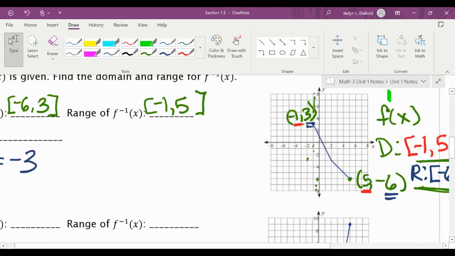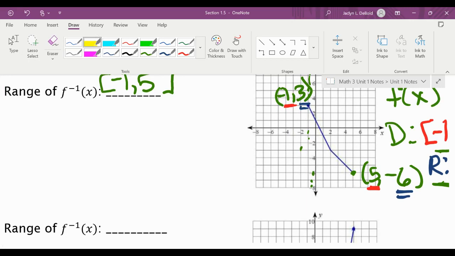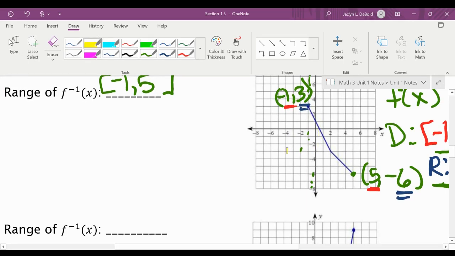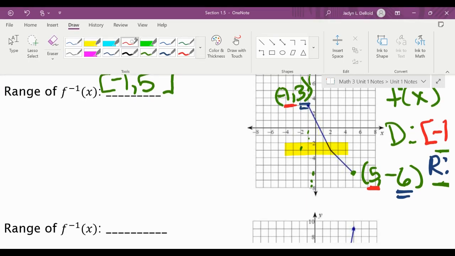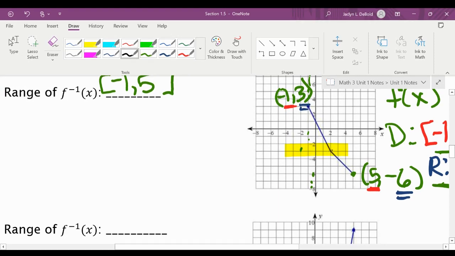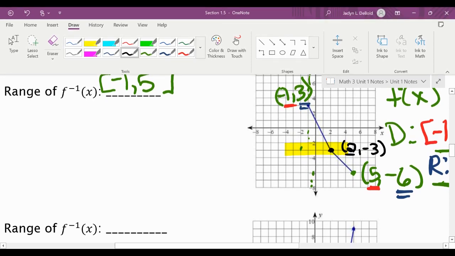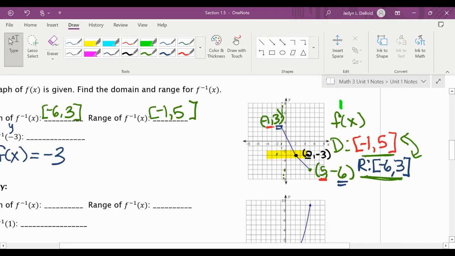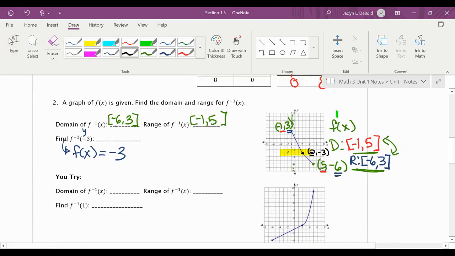When we go ahead and look at our graph, I'm going to go to -3 on our y-axis. That's actually right here. And I can see that y is -3 at an x value of 2. So our answer would be 2. And that would be our final answer.